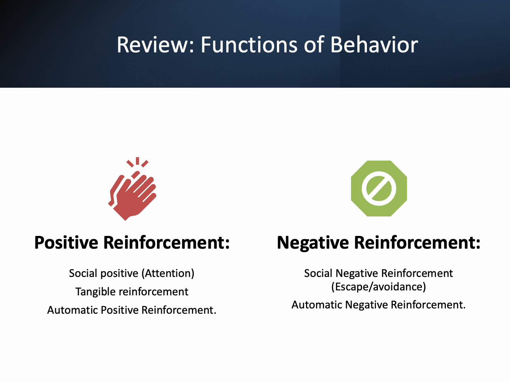Okay, then we have automatic positive reinforcement, and automatic positive reinforcement can be like those individuals that engage in particular behavior to gain access to some sensory input or some sensory stimulation, or there's some form of automatic reinforcement that they gain from engaging in a particular behavior.